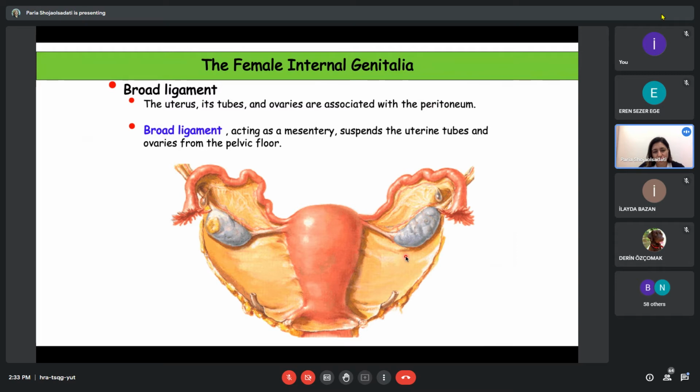The fallopian tube, ovary, and both sides of the uterus are covered by parietal peritoneum, and these two peritoneal layers connect to each other laterally and connect all of this structure to the lateral wall of the pelvis. For this reason, it's named the broad ligament. It fixes the uterus, its tubes, and ovaries.